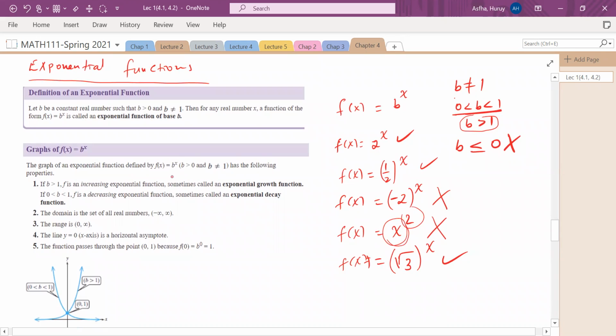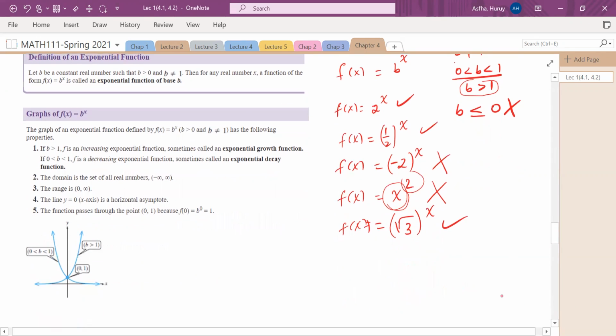Now, if we have an exponential function, how do we graph this kind of functions? So first, it's important to learn the properties of graphs of exponential functions. So for an exponential function given by this form, we can have two different graphs, based on whether it's decreasing or increasing.